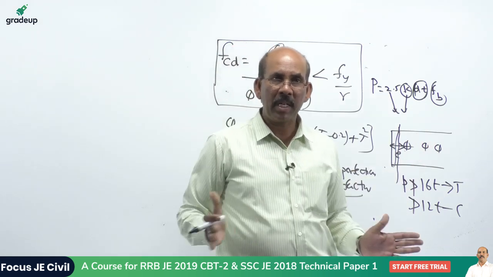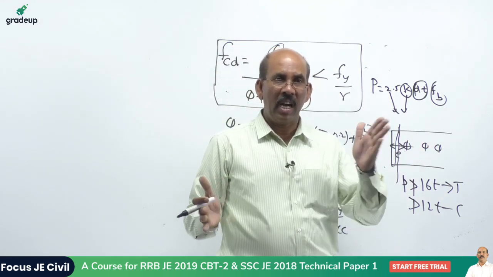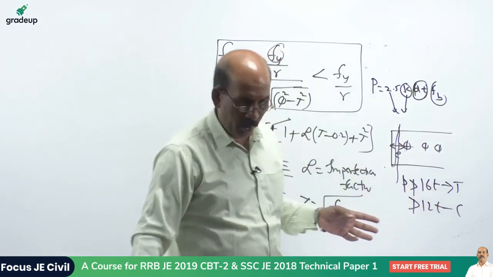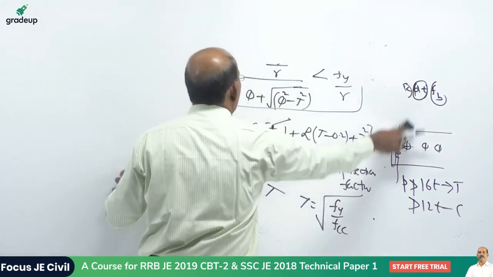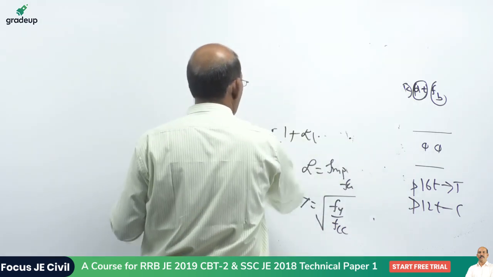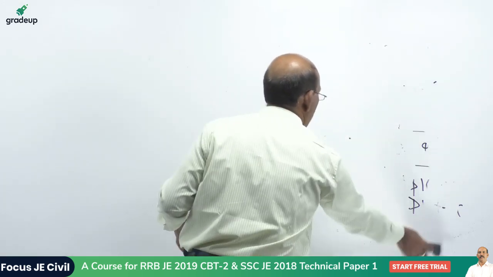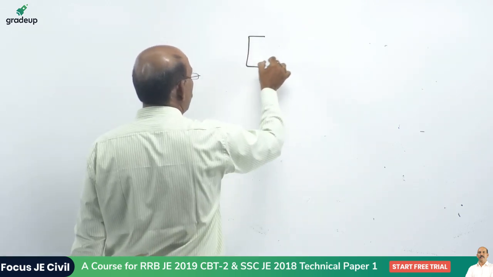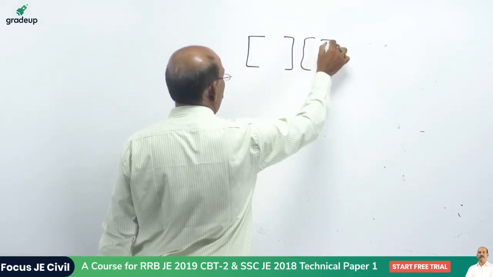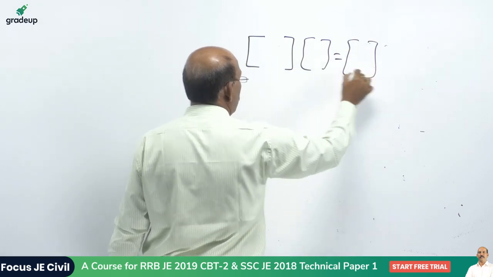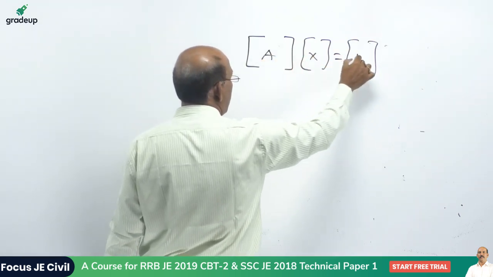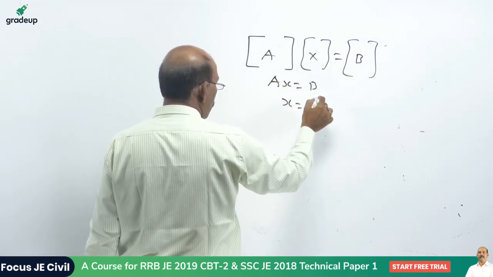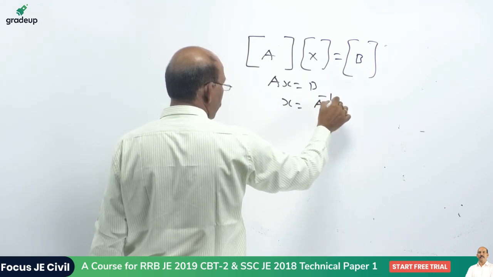Coming to the matrix method of analysis, we are going to form the matrix, and it is nothing but solving a simple equation, very simple in the matrix, A x B. So, Ax is equal to B and x is equal to A inverse of B.